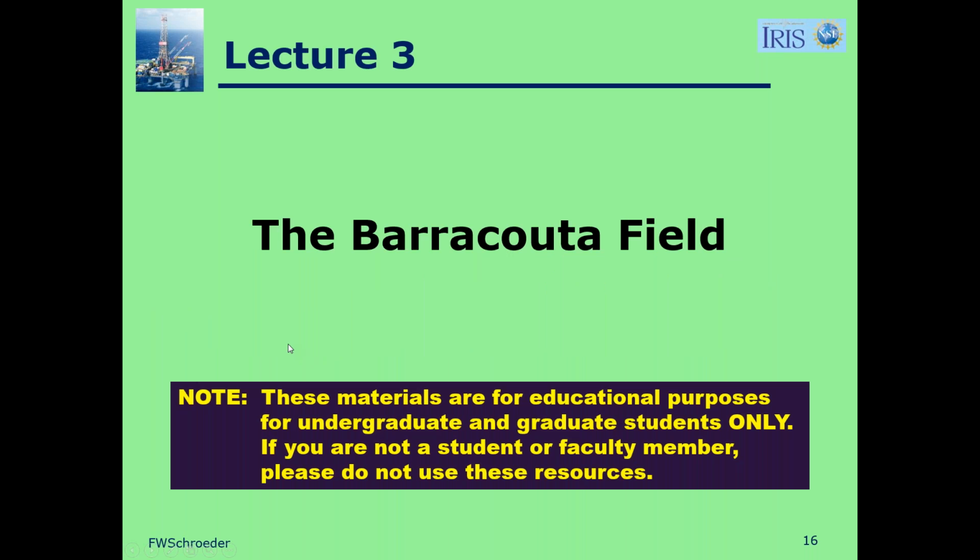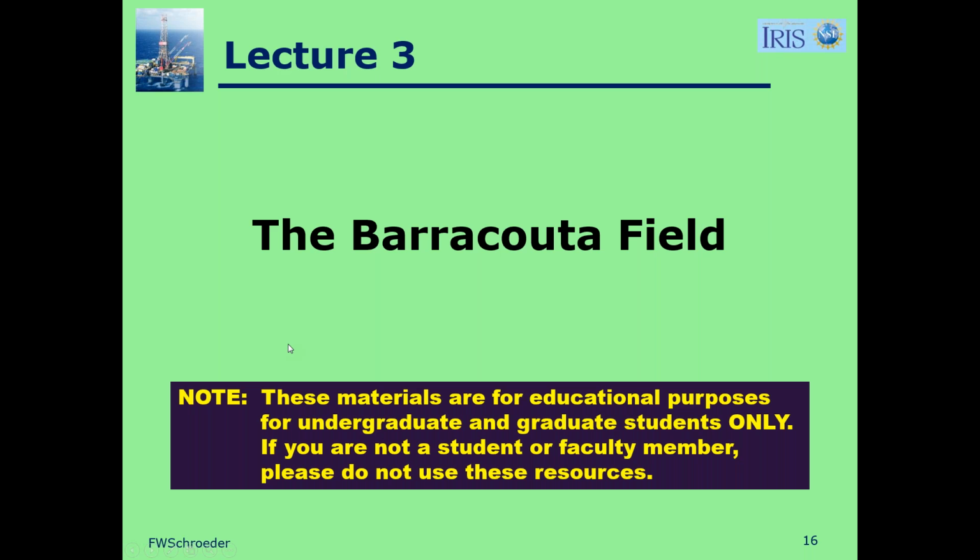Okay. Let me go on and talk about the Barracouta field. If you do exercise one, maybe some of you have done it already, maybe I can tweak your interest. There are 15 blocks in the offshore Gippsland area that you as a team would bid on.